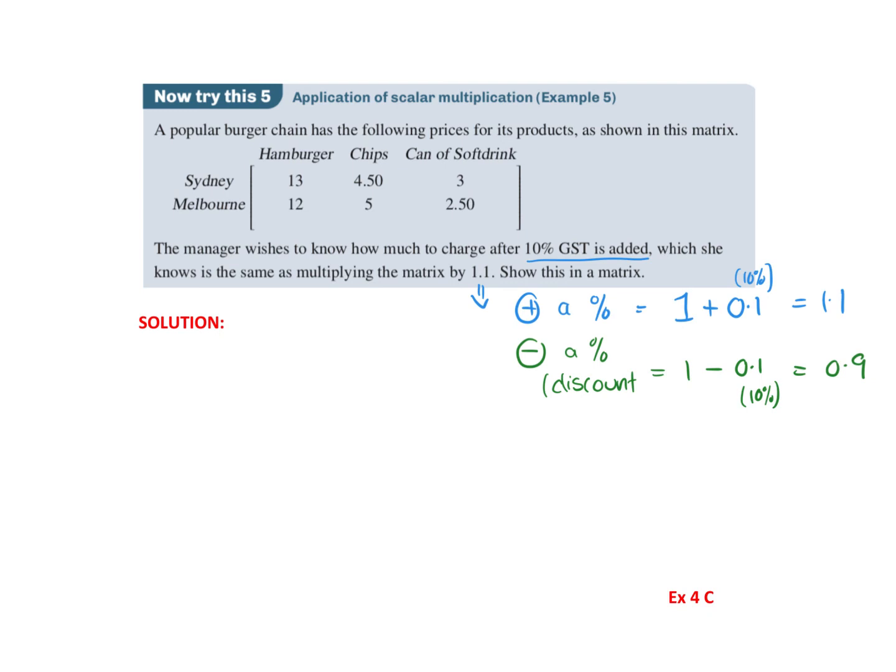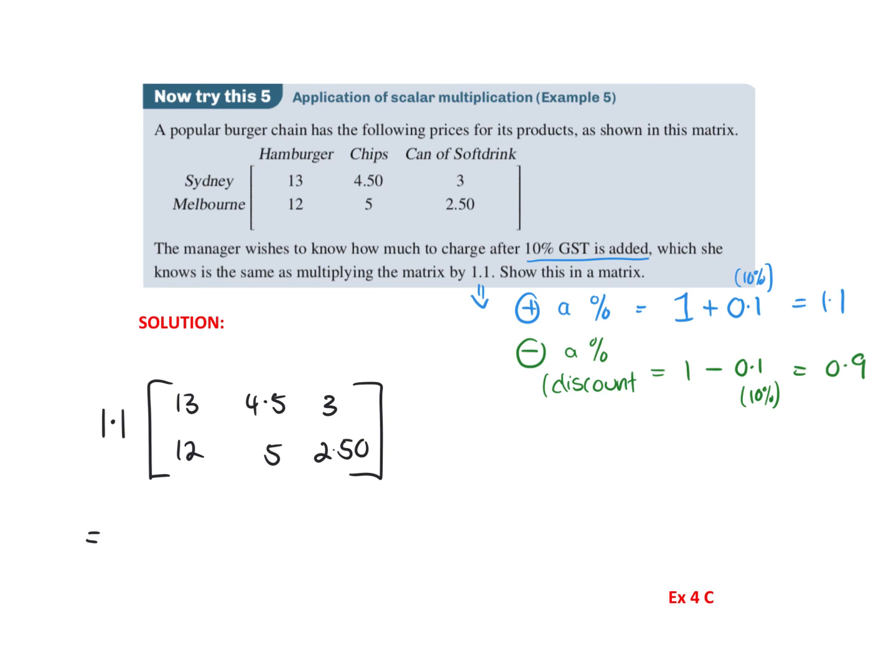It's asking us to show this in matrix. So we want to times that matrix by 1.1 to add the 10%. We're going to do that, and then you would just pop in your answer. You're quite welcome to do that on your calculator, yeah?